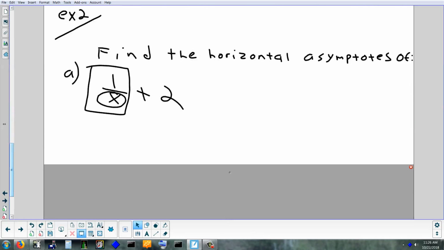Chris? It's really small. Really small, right? And it's getting smaller and smaller, approaching what number? Well, you said the fraction's getting small, right? So x is getting bigger and bigger, and the fraction is getting smaller and smaller. Approaching what number?